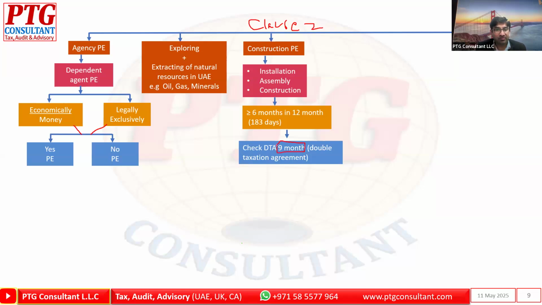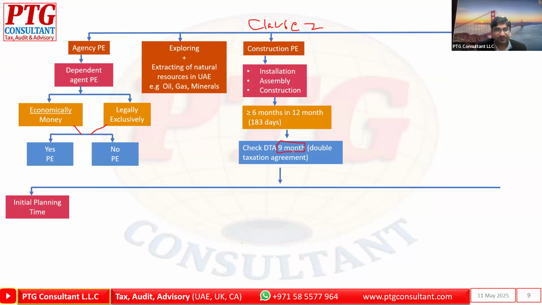If it is 9 months, then 6 months is not relevant, then 9 months will be relevant. If you are present in UAE doing the business for 9 months, then you are meeting the condition of PE.